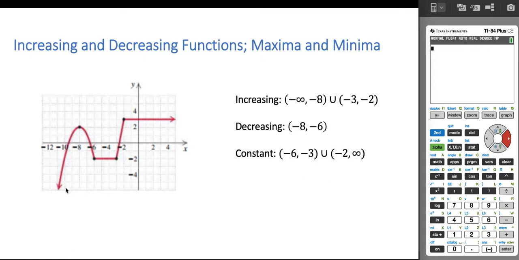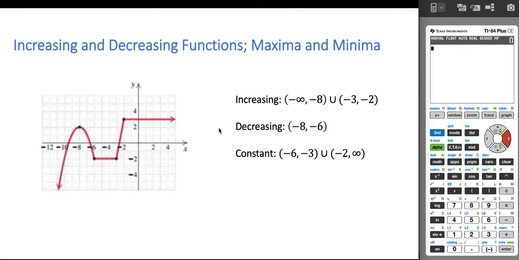It is increasing from -infinity until we get to -8, and then it is increasing again from -3 until we get to -2. We use a union symbol to show the union of those two sections. So it's increasing over two intervals.